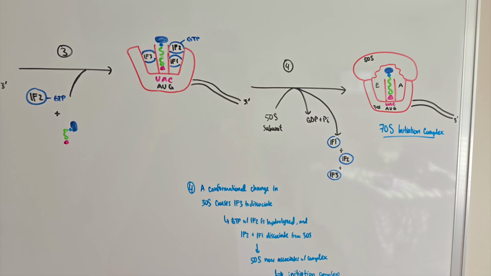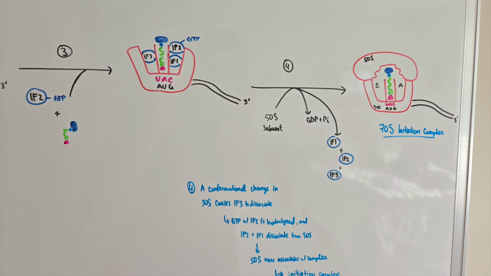And at the same time, initiation factor 2's GTP will be hydrolyzed to GDP plus a phosphoryl group. And because of this, the other initiation factor, initiation factor 1, can leave, which also causes the association of 50S.